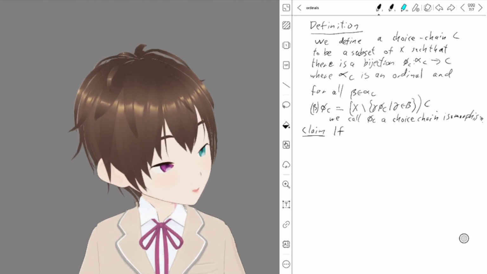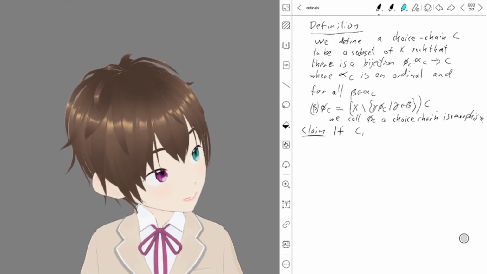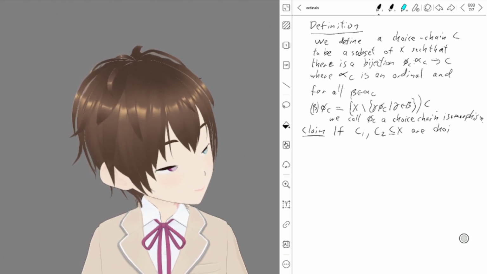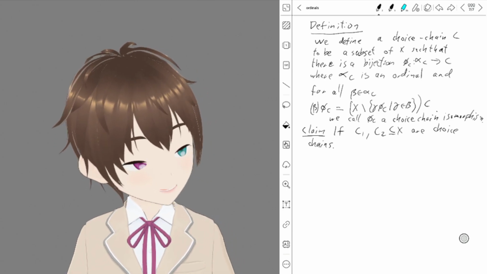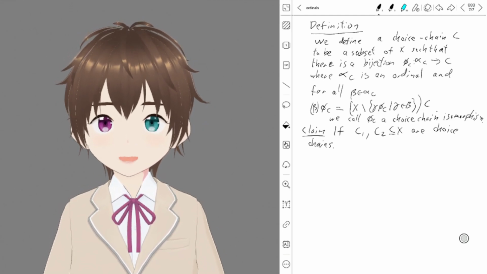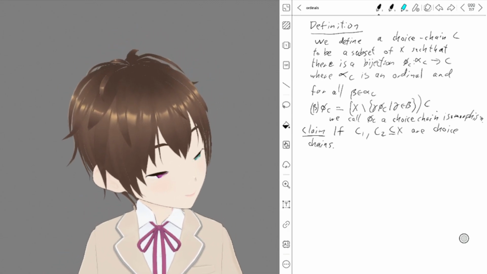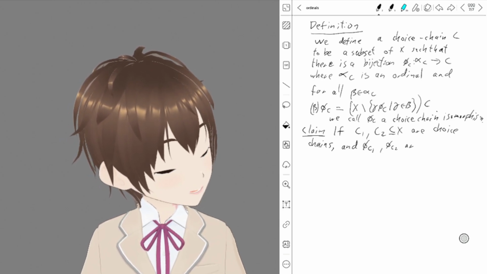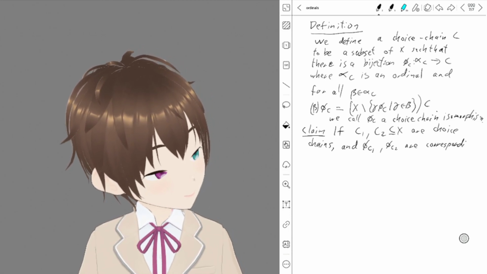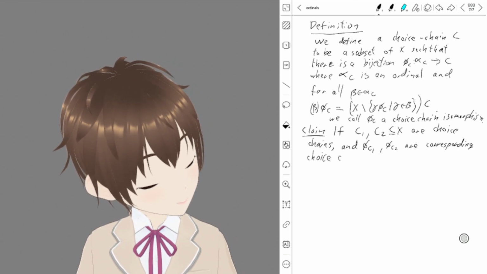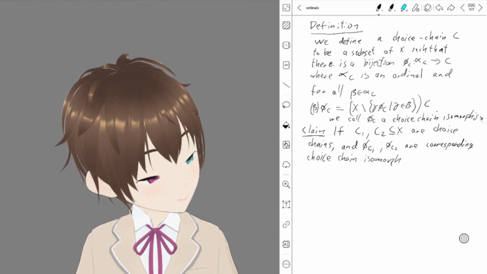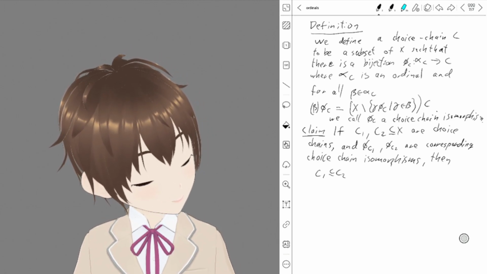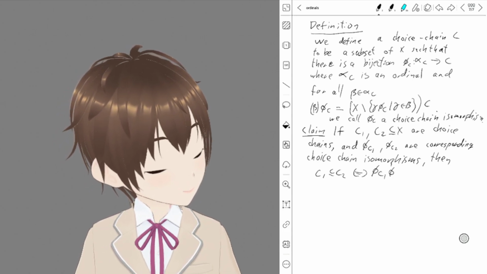Okay, so if I have two choice chains, if C1 and C2 subset of X are choice chains, and phi C1, phi C2 are corresponding choice chain isomorphisms, then C1 and C2 are comparable if and only if their corresponding choice chain isomorphisms are comparable, in the same way.